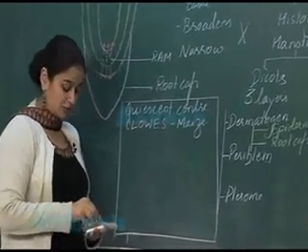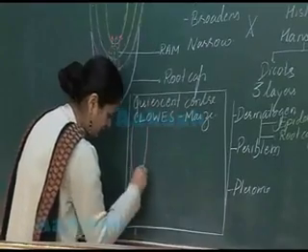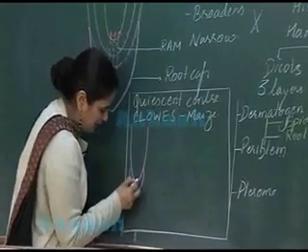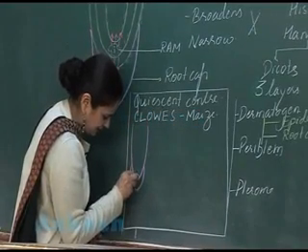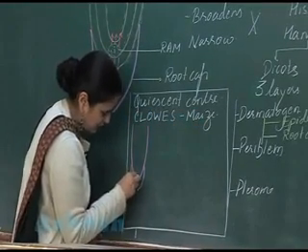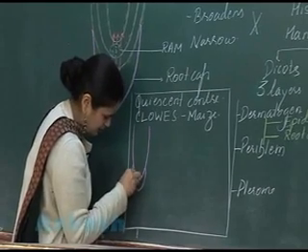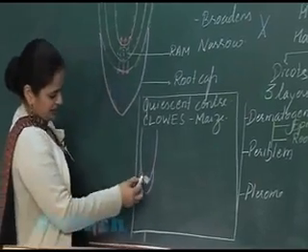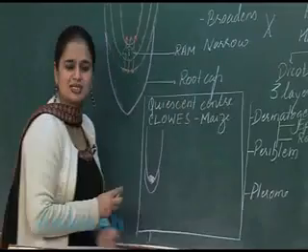According to the maize, in this root apex, there is an inverted cup shape structure near the apex, which I have marked here. This is known as quiescent center.